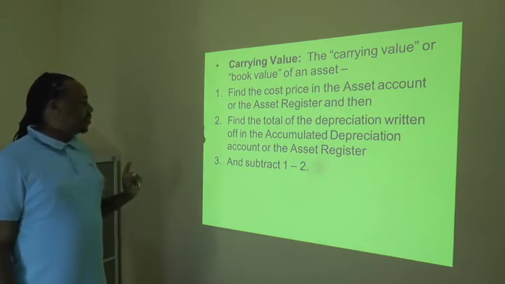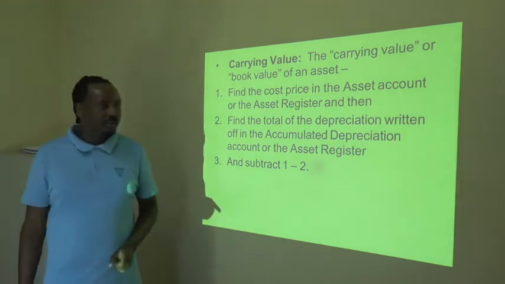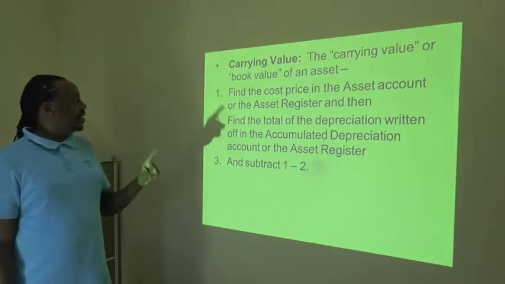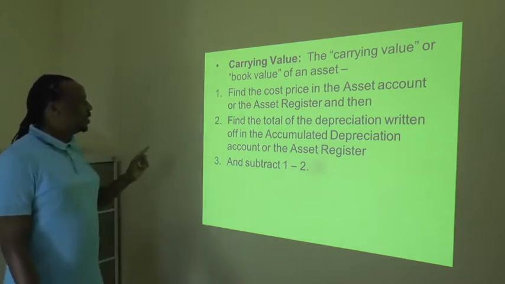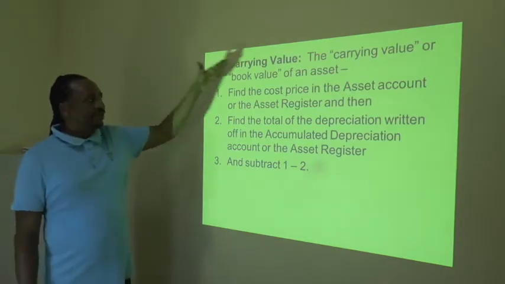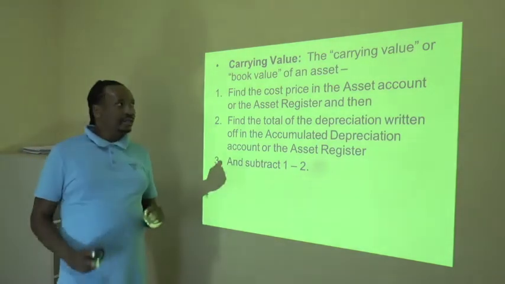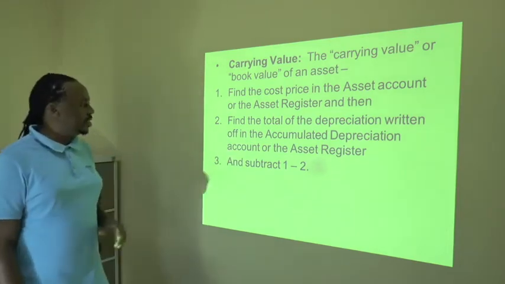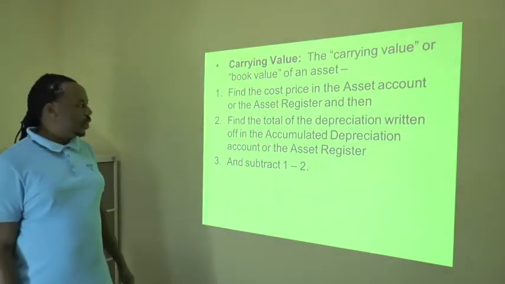Then you subtract to get the carrying value. You must say the first one is the cost price, the second is the accumulated depreciation, and cost price minus accumulated depreciation gives you the carrying value. So that is the format for calculating the carrying value: cost price minus accumulated depreciation gives the carrying value, or book value, of the particular asset.